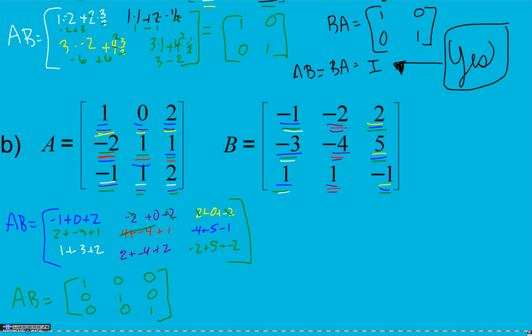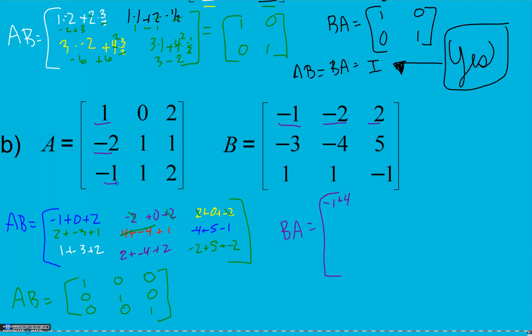Now let's check B times A. I'm actually going to erase all these to make it a little bit easier to look at. Start over. Now I'm taking row in B times column in A. So, negative 1 times 1, negative 2 times negative 2, 2 times negative 1.